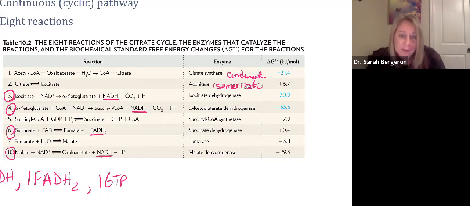Then the third one, when we go from isocitrate to alpha-ketoglutarate, and we produce that molecule of NADH, that's isocitrate dehydrogenase. And this is a really, really important one, because this is oxidative decarboxylation. So every time that you see a decarboxylation reaction, what you're going to be producing is also a molecule of CO2.